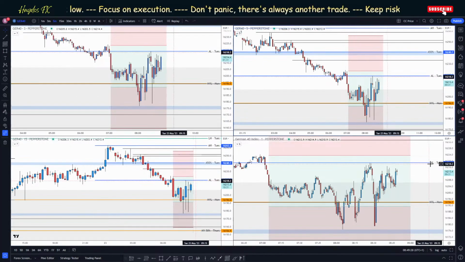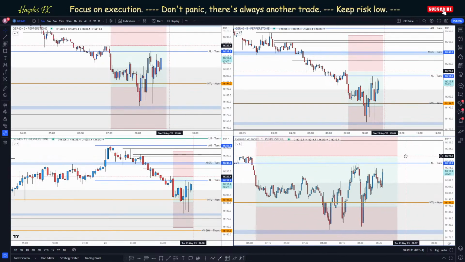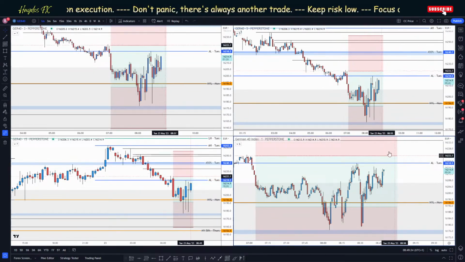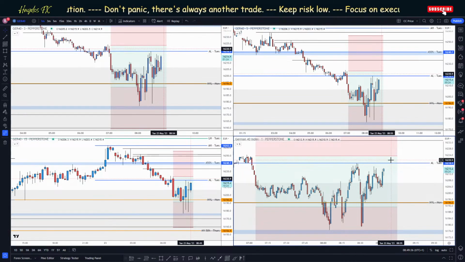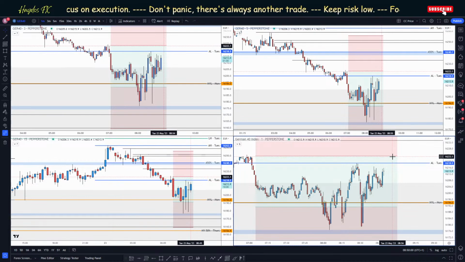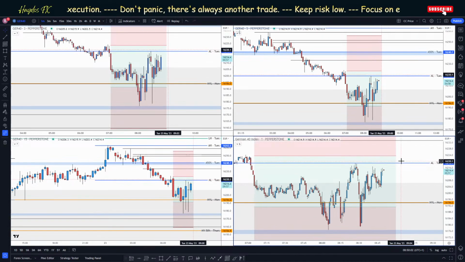All right, let's have a look. German is starting to creep up again, so this is good. Let's see. You've been taking advantage of the sells, haven't you, for the last week for New Zealand. Okay.